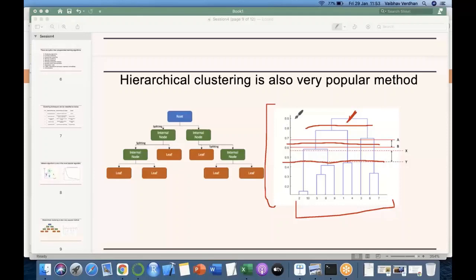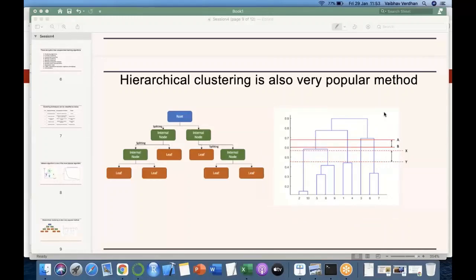Now hierarchical clustering is again a very famous clustering methodology. Along with k-means clustering, it is very heavily used. Both of them are very popular clustering methods, and we use both of them to make any clustering or segmentation decision in our day-to-day problems.